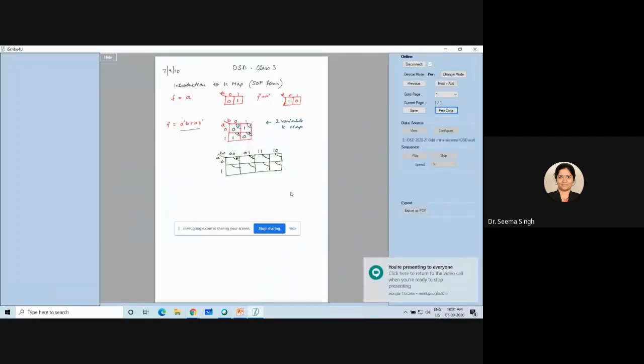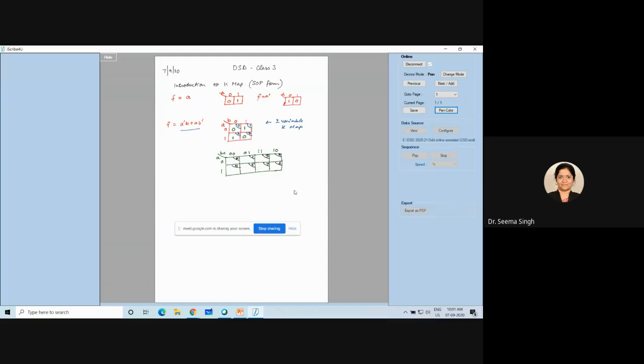So it is 0, 1. Next, what is this? 3. Then this is 2. So 0, 1, 3, 2, and this one is 4, this one is 5, this one is 6, this one is 7.